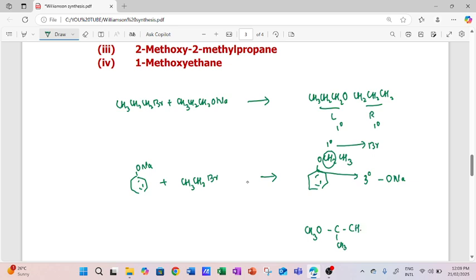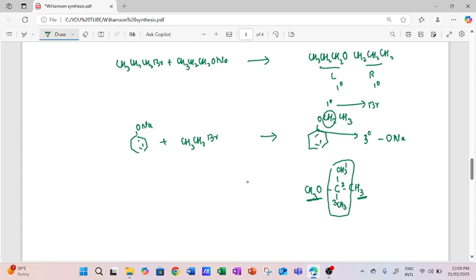If you write it like CH3, CH3, this is propane, and in the second position 2-methyl. If I take this as the main chain, here number 1, this is 2 and this is number 3. In the second position a methoxy group is there, and also in the second position a methyl group is there. So this is how we can make it.